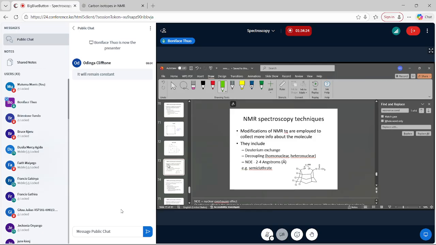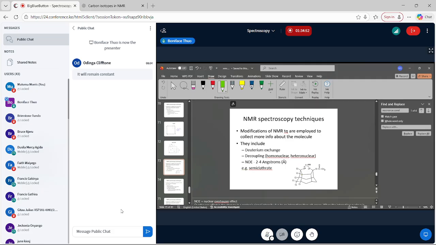So this occurs when the distance between the two protons is between 2 and 4 angstroms, approximately. And these two hydrogens are coupled to each other. When you irradiate one, it enhances the absorption of the other.